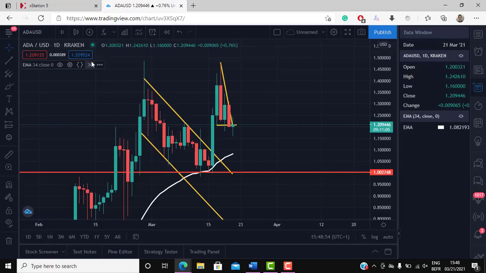Because if the dollar goes down, this could be a very good catalyst when it comes to crypto, not only Cardano but all of the cryptos in general, so Bitcoin, Ethereum, Litecoin, etc. And it could be a catalyst for commodities, and for equities, etc. So keep this in mind.